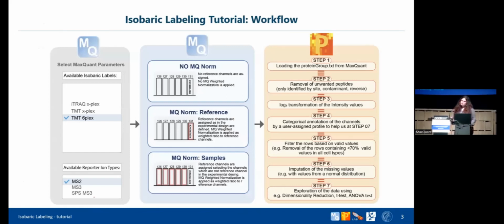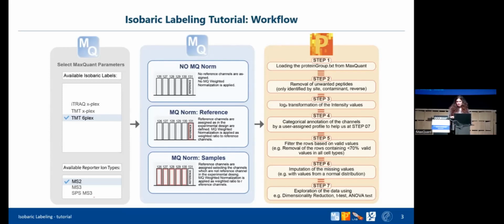Most important, when he was finishing his lecture, he was talking about the MQSS weighted normalization. He was explaining that there is this feature in MQSS that you can use when you have in your isobaric labeling dataset what is called a reference channel.